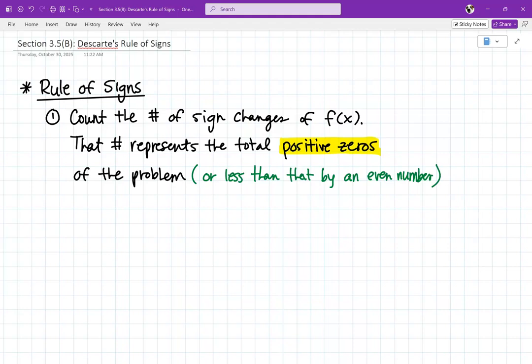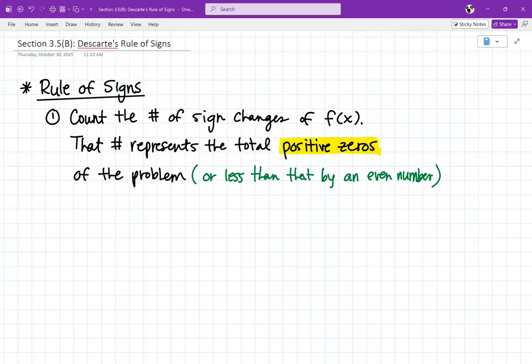So 3 or maybe 1, because you're subtracting by an even number. If I found 5 answers that are positive, less than that by an even number means take out 2. So 3 maybe, or maybe just 1. Okay, so you're always reducing by 2. Always reducing by 2. Again, we're going to make a chart so it makes more sense. Okay, so that's one step.